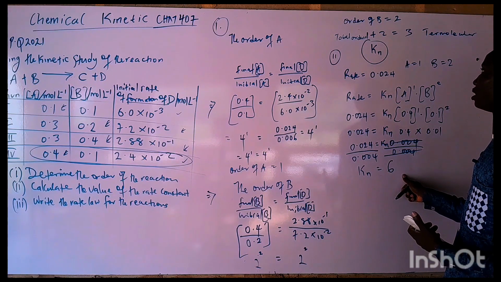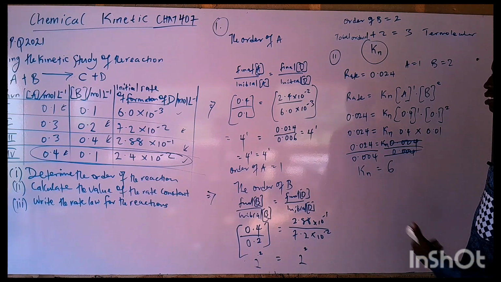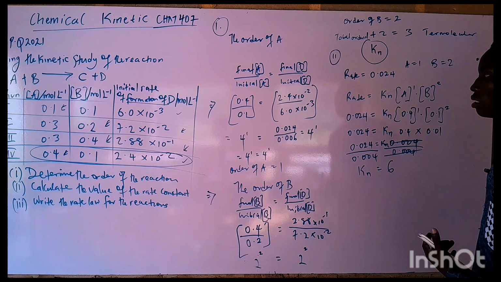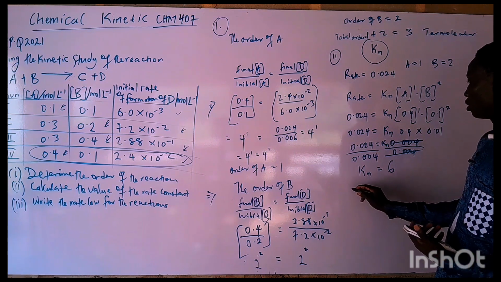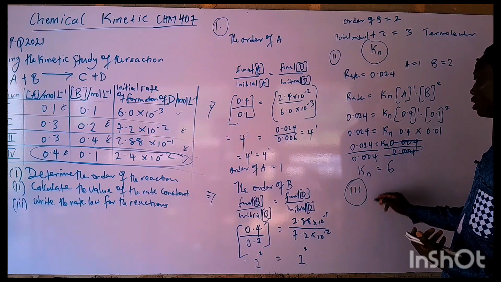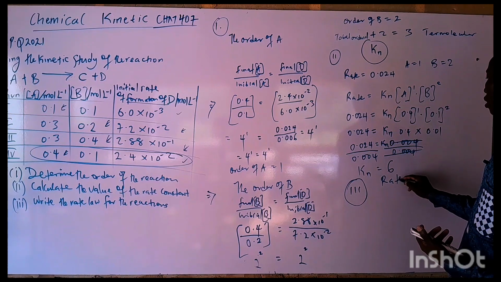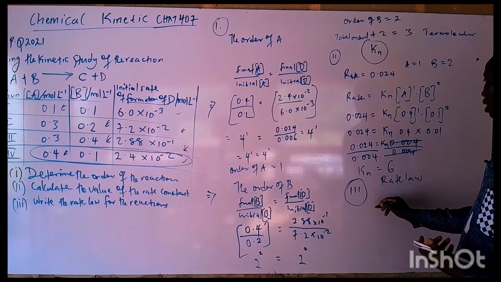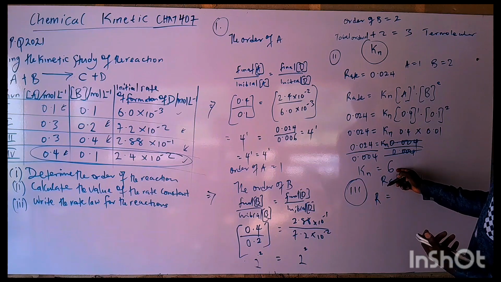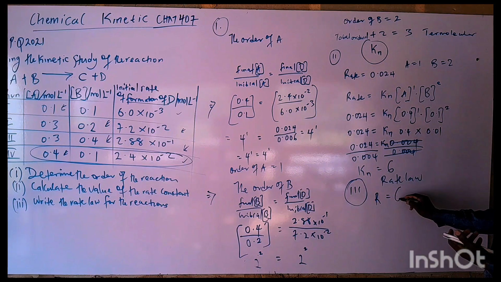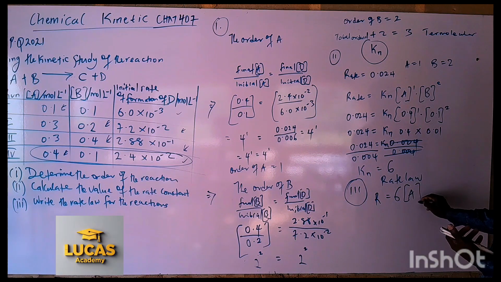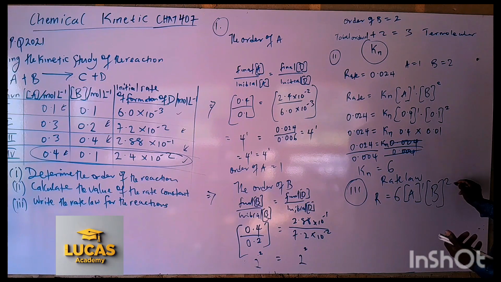So after obtaining 6 here, the last question says, write the rate law for the reaction. So Roman figure 3, rate law. The rate law will be R equals to, our Kn is now 6 into bracket A raised to power 1 into bracket B raised to power 2.